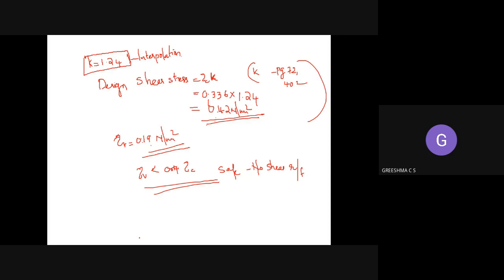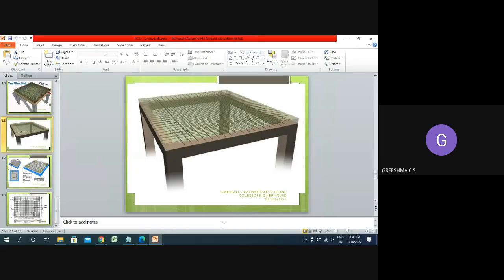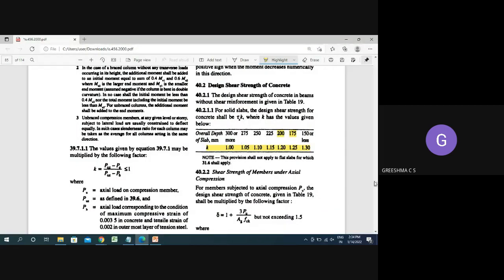Now coming to the next step, that is check for deflection. The same method; check for deflection is in IS code page number 37 and 38.